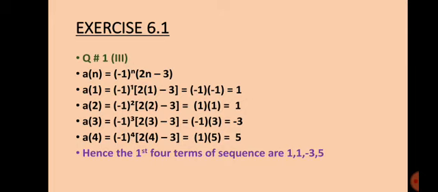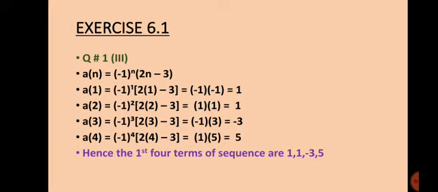By putting the value of n is equal to 3, we will get minus 1 raised to power 3, which is an odd number, so minus 1 remains minus 1, and 3 2s are 6, minus 3 is equal to 3, 3 1s are minus 3, as the negative sign is there with 1. So by putting the value of n is equal to 4, minus 1 raised to power 4, the power is even, so minus 1 will be converted into plus 1, and 2 4s are 8, minus 3 is equal to 5, 5 1s are 5.